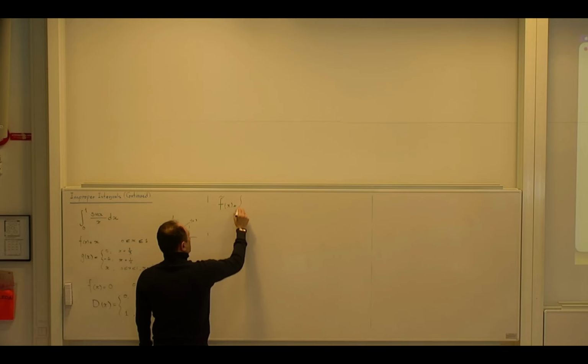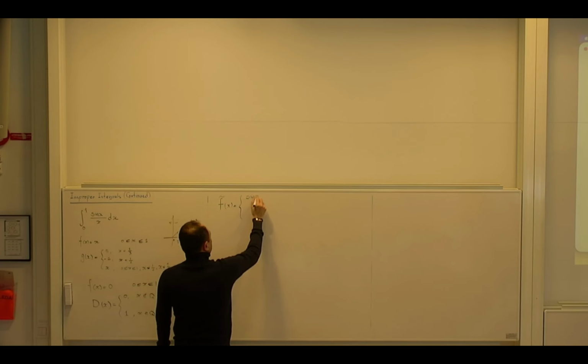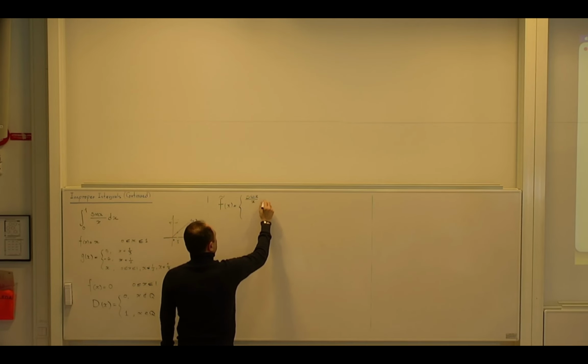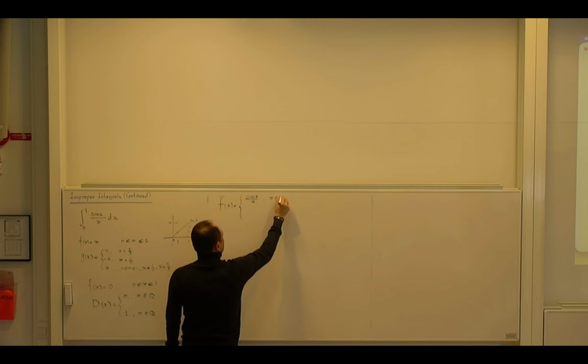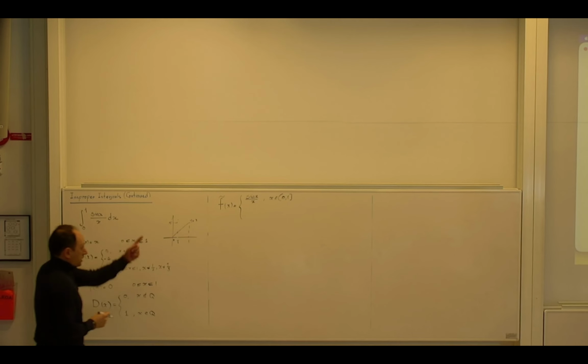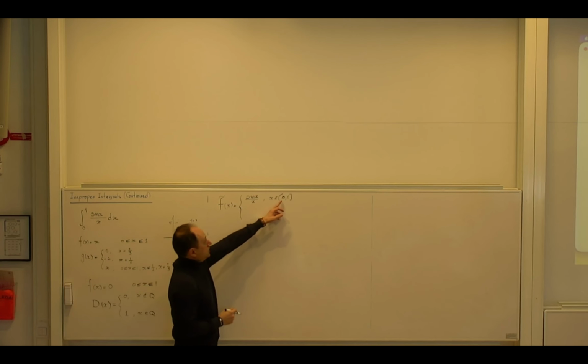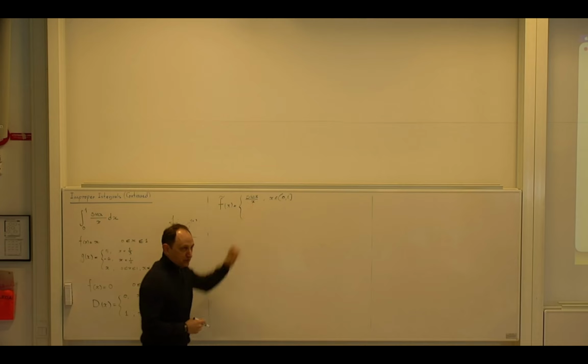I define it the same function, but if x belongs to (0, 1], because I cannot say that x belongs to the closed interval 0 to 1, then you will complain that this is not even defined for 0.